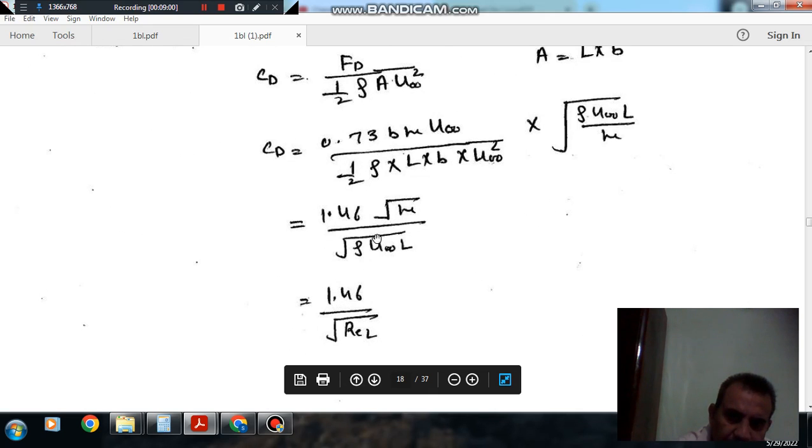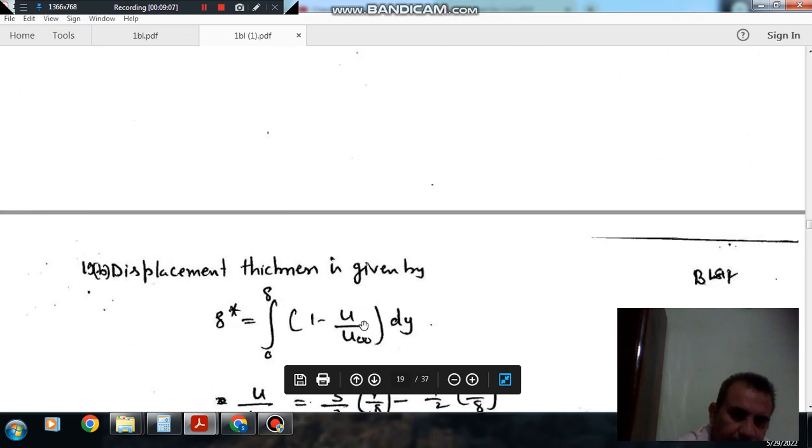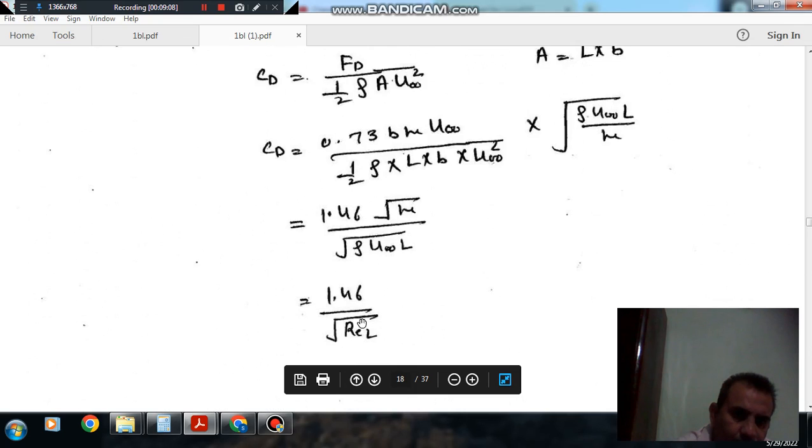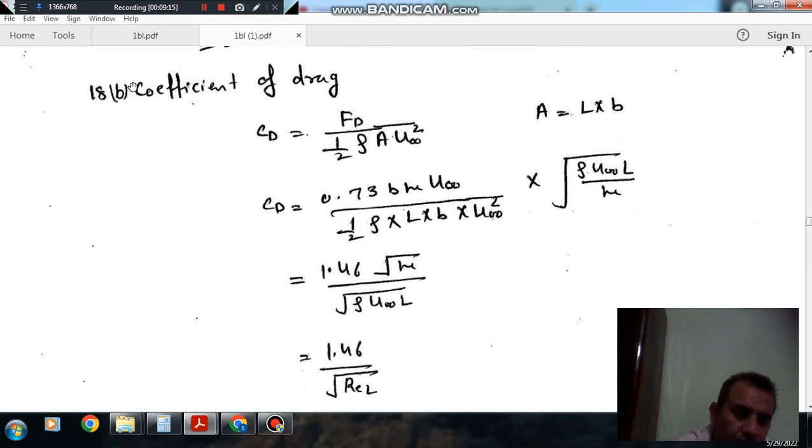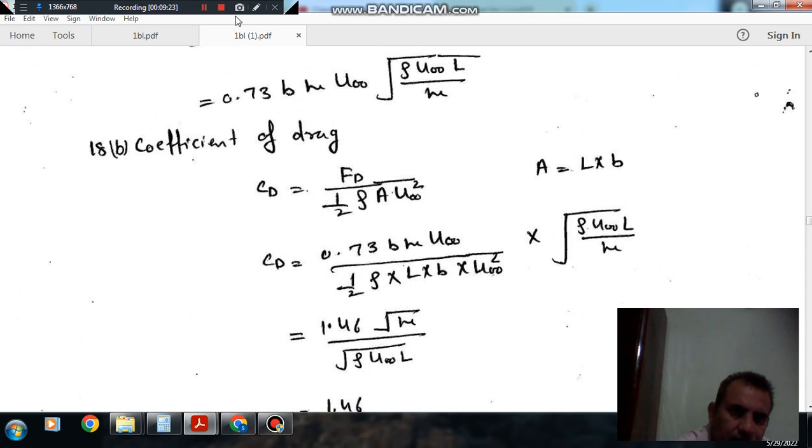Now this can be written as Re L, so CD is 1.46 divided by root Re L. So the answer is option B. Just like the first question, it is the same formulas, but the expressions for u by u infinity are different. So that is the answer.